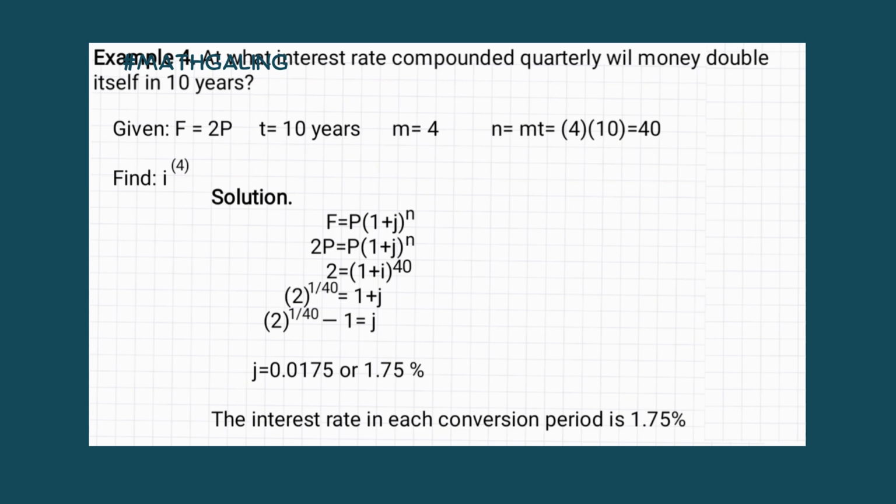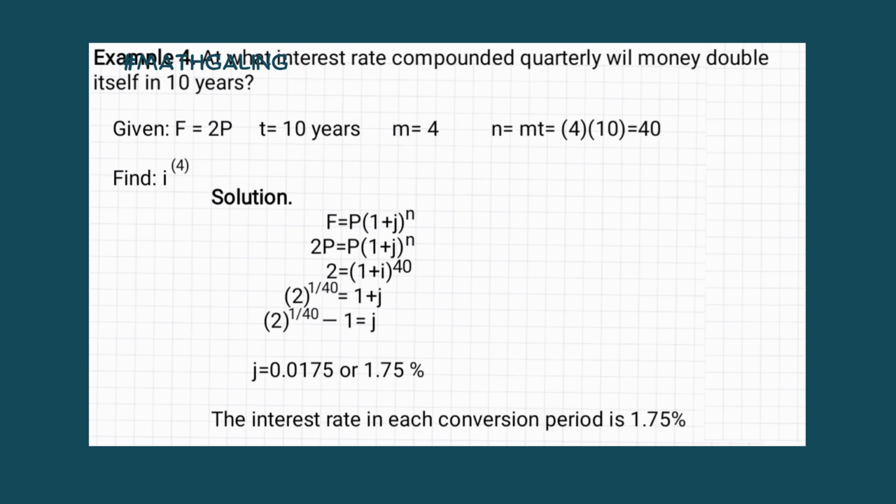So given, F is equal to 2P, t is equal to 10 years, and m is equal to 4, and n is equal to mt, equal to 4 times 10 is equal to 40. So we will find i raised to the power of 4.